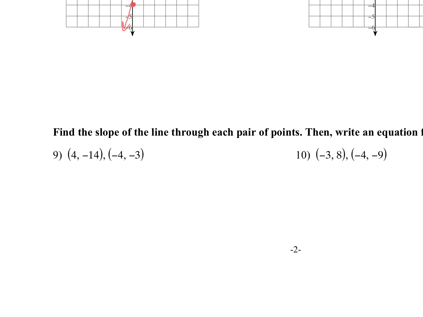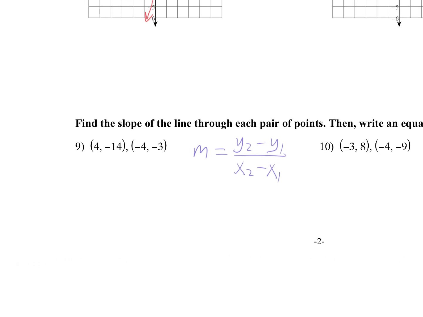y minus y1? Okay, so close. It's going to be y2 minus y1 over x2 minus x1 on the bottom. All right, so if you're given 2 points, just plug it into this formula, you get your slope right away.